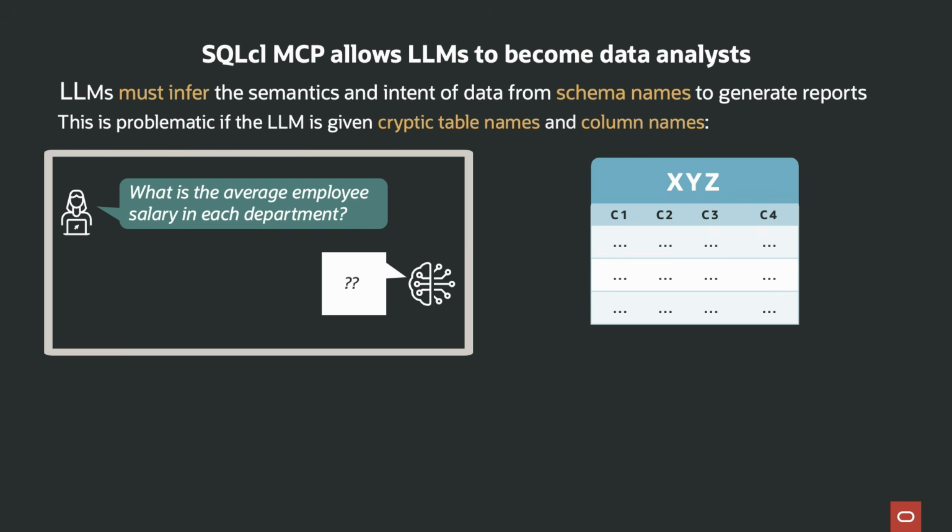So if LLMs have to infer the intent and the semantics of data from cryptic table and column names, this becomes problematic. If you give an LLM, or a human being for that matter, a table that looks like this, XYZ with columns C1 through C4, and you ask a question like, write a SQL query that will tell me what the average employee salary is in each department, I wouldn't know how to do it, and neither would a large language model. So the cryptic schema names, which are very common in the industry, unfortunately, are problematic.